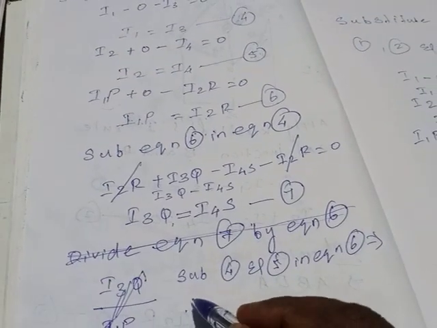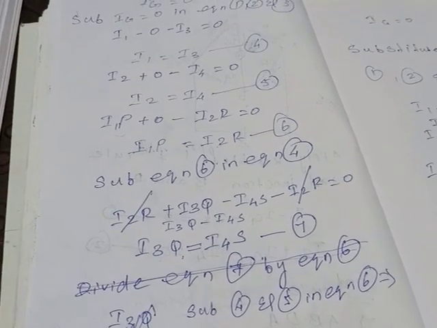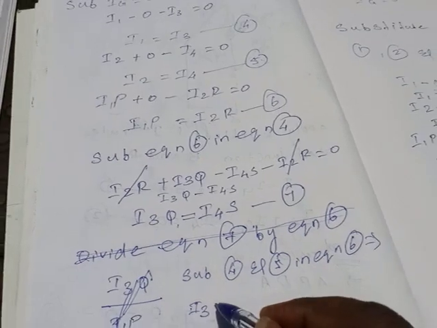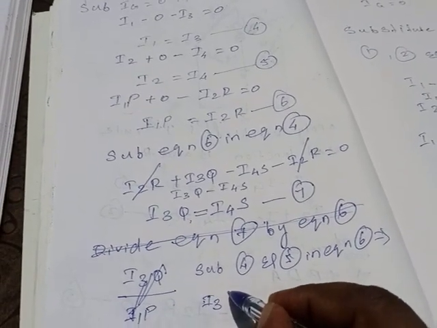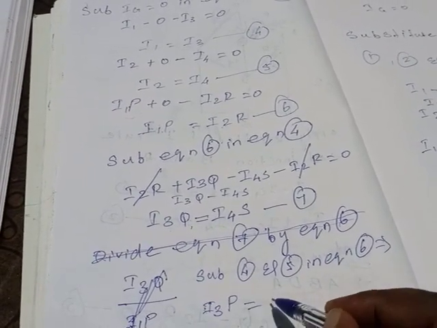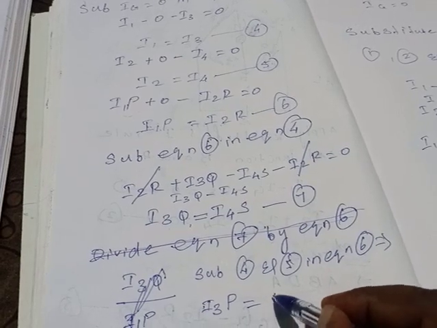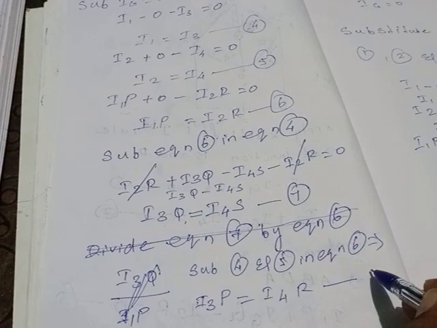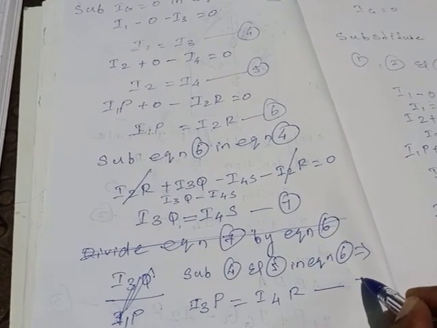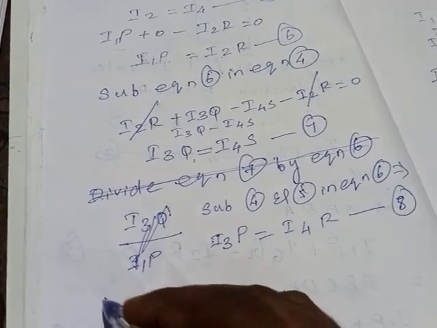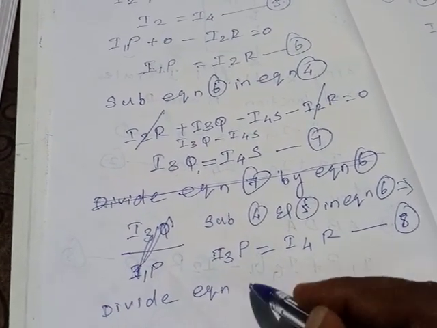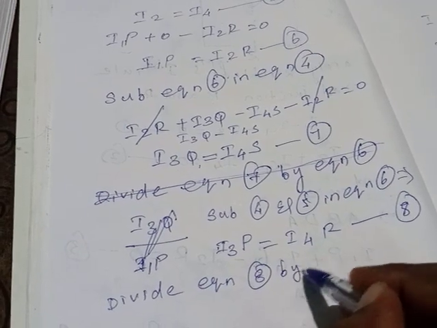So if you are putting in equation 6, what will come? Instead of I1, I3, P equal to, instead of I2, I4, R. This is equation 8. Now you have to divide, okay? So divide equation 8 by 7.